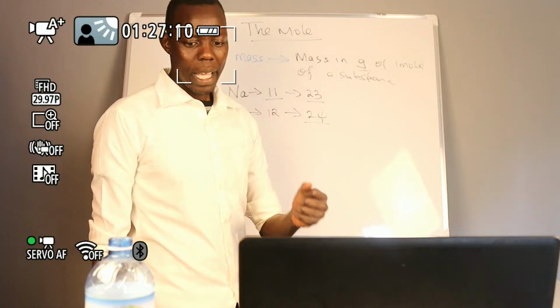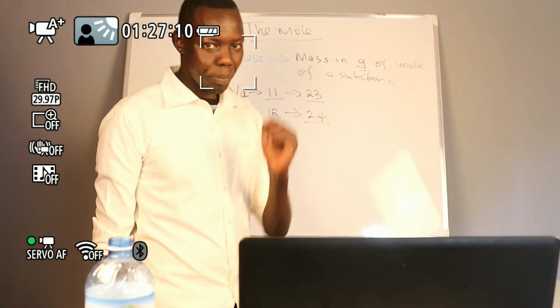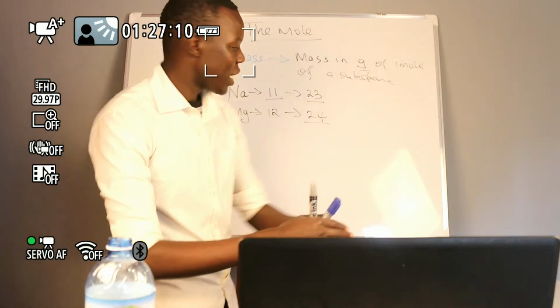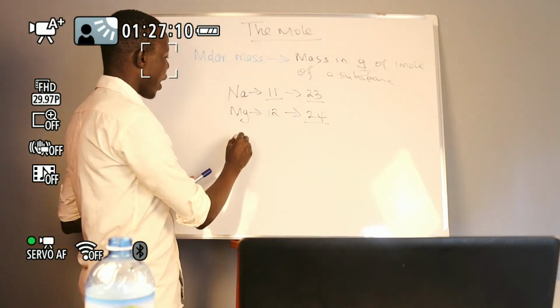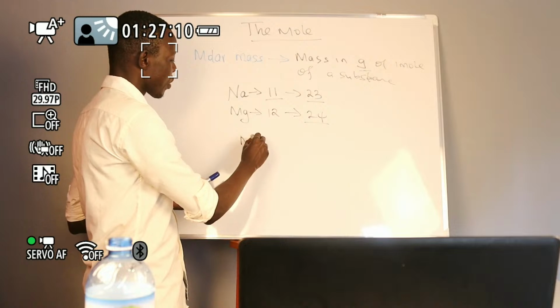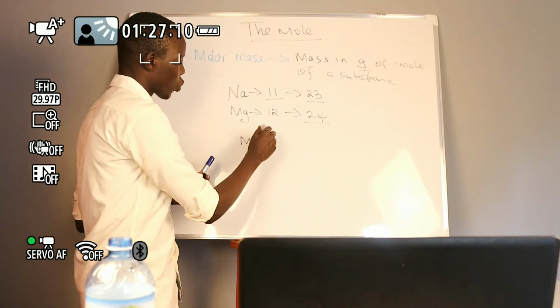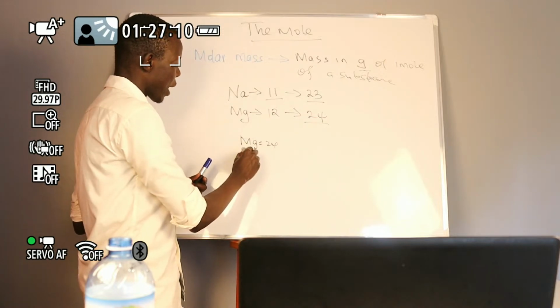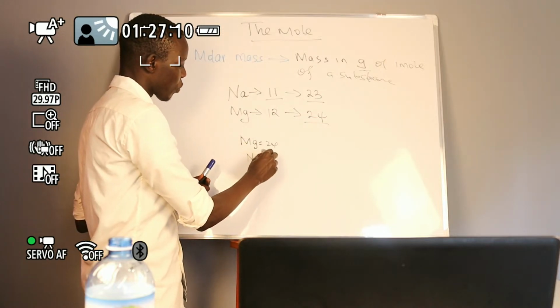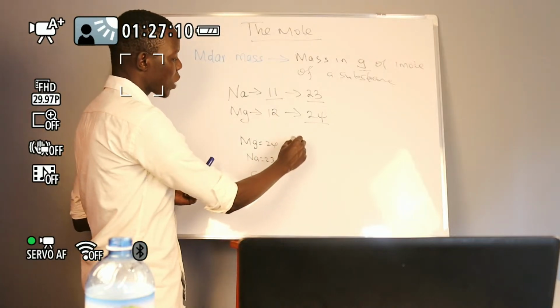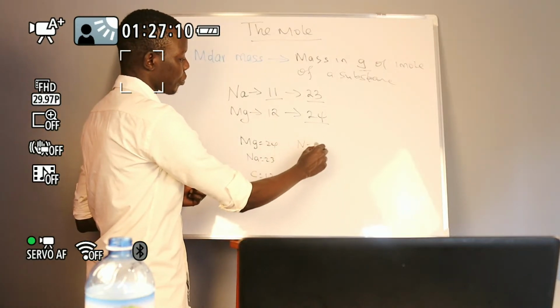Hiyo ainanga maneno mingi. But in this topic, ukishagawa swali ama content, pale jini unaonanga umeandikiwa Mg equals to 12. It has 24, not 12. Mwingine ameandika Na 23. Utapata mwingine ameandika C 12. Mahali ingine utapata N 14.